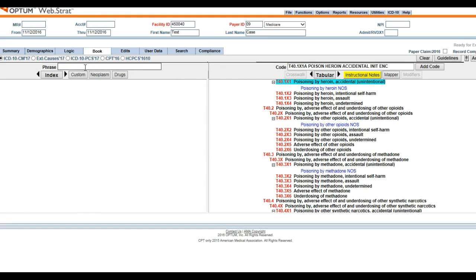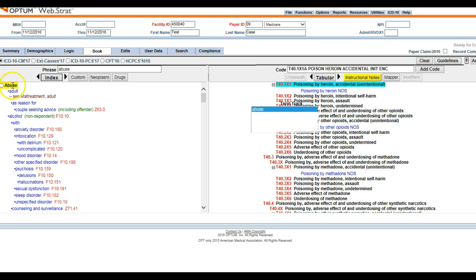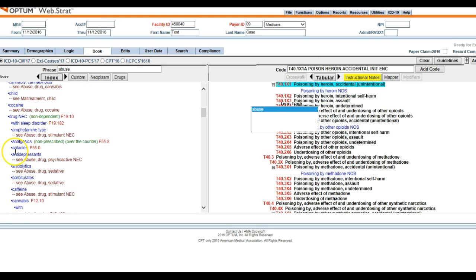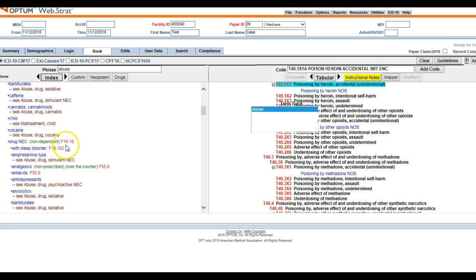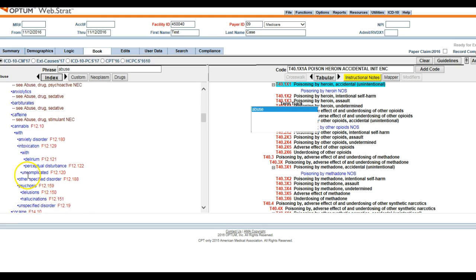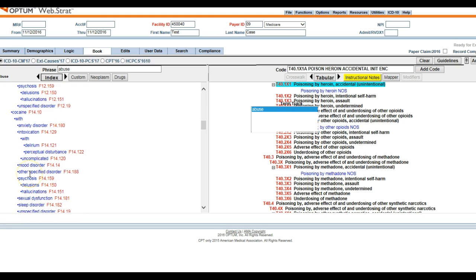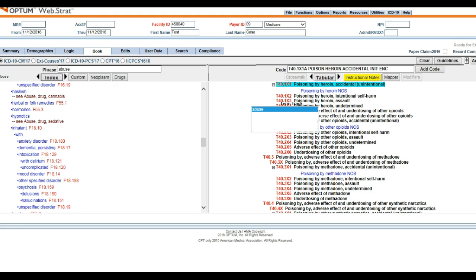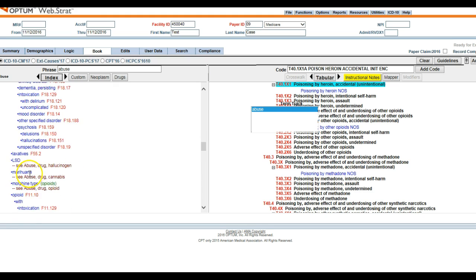From there, we know that the patient abuses drugs. So we can go to abuse, not alcohol, go down to the D's, drug, NEC. What type is it? You don't know if heroin is an opioid. Sometimes you have to look up what type of drug it is.